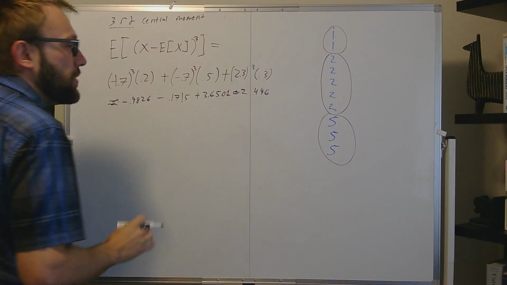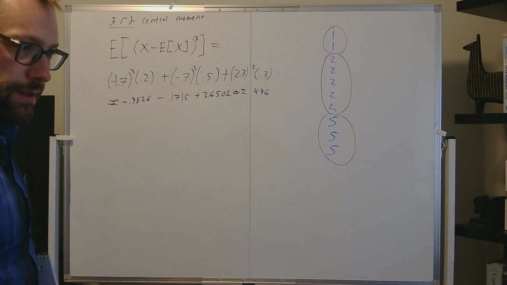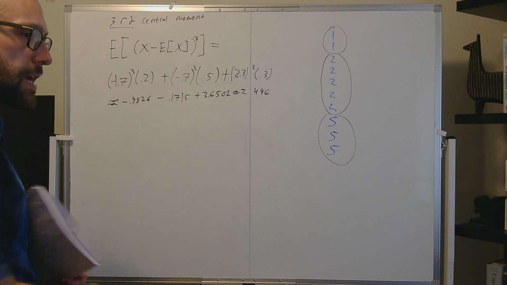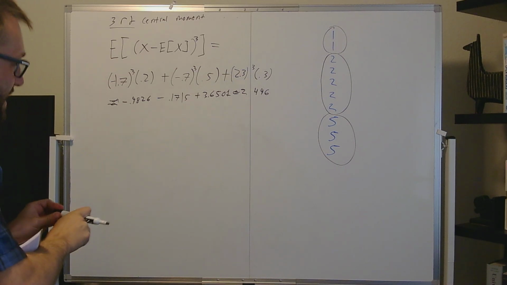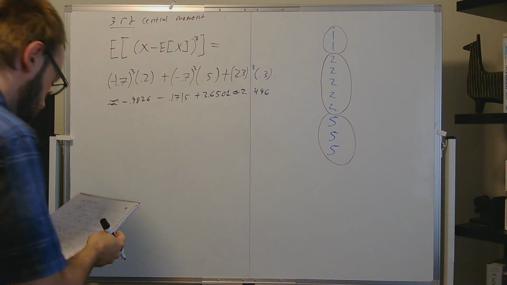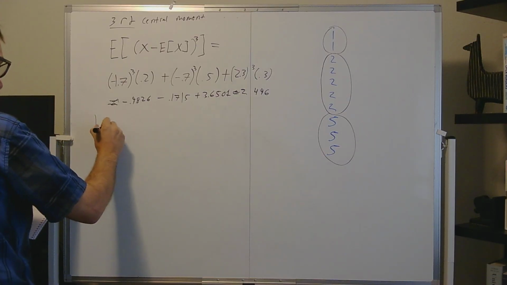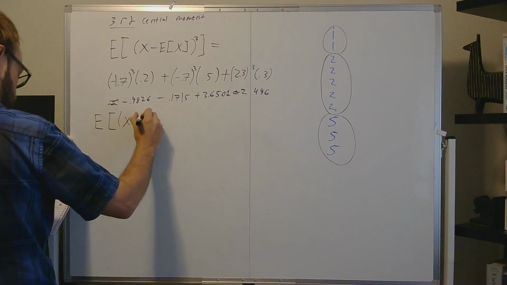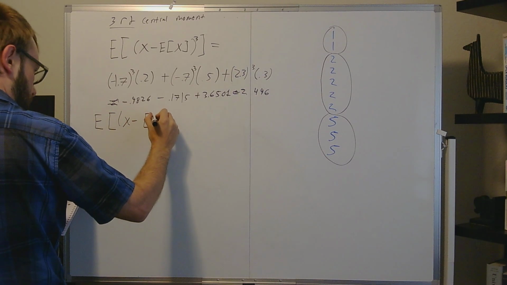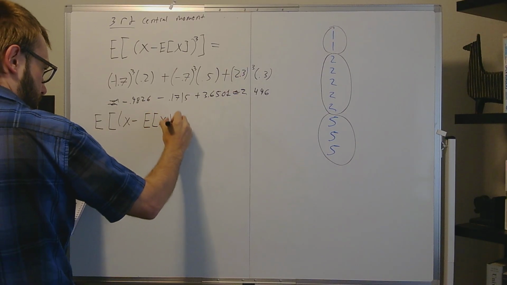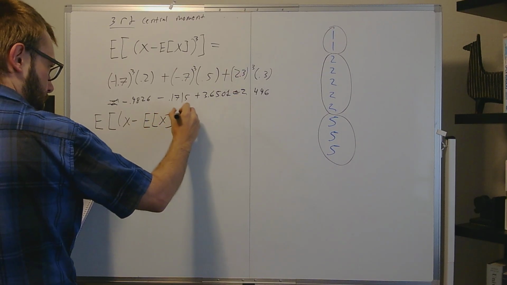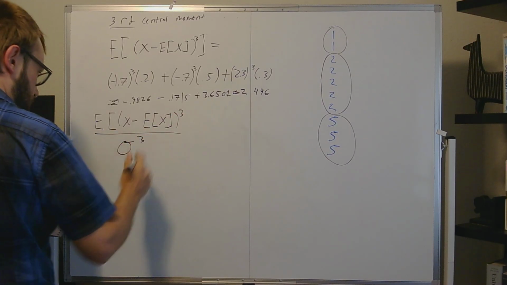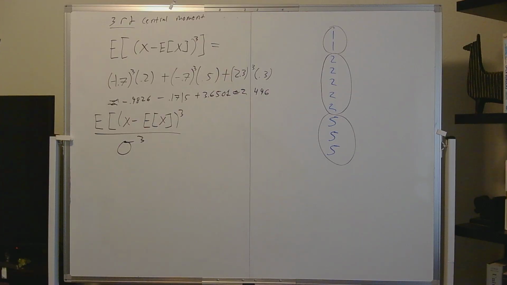Now, if we want to talk about the skewness, there's actually a formula for that, so this is incomplete. This gives us the third central moment, which leads into the idea of skewness, but it is not skewness in its entirety. So the formula for skewness is this. We're taking our third central moment, but we are dividing it by sigma to the third power.